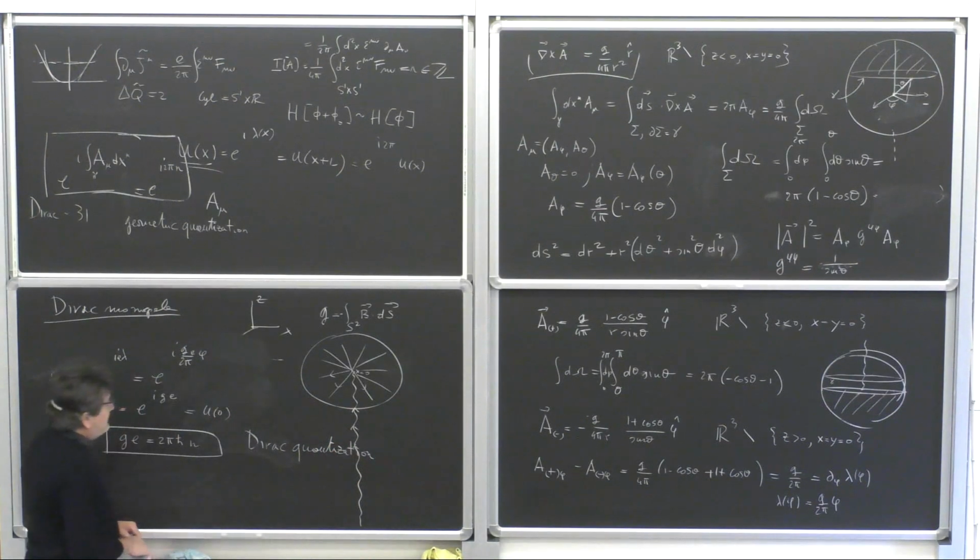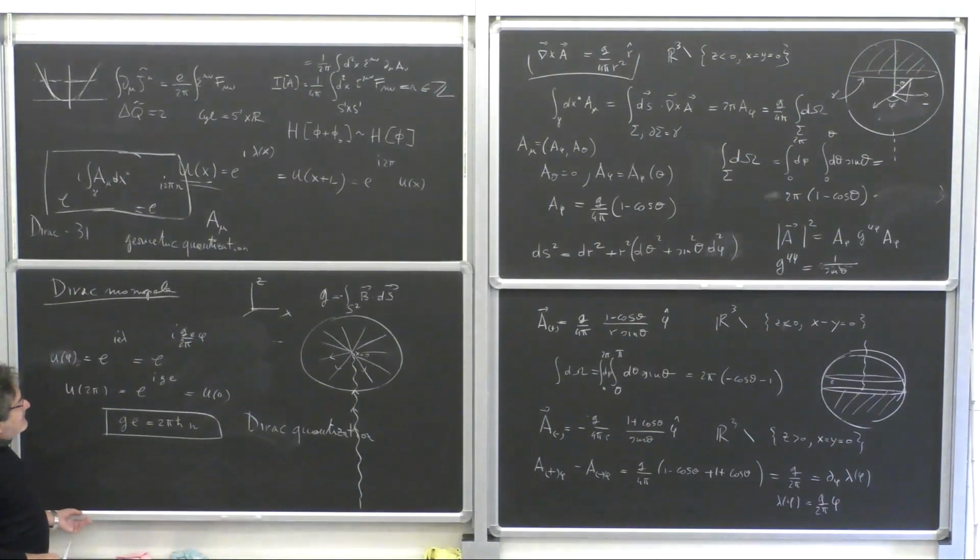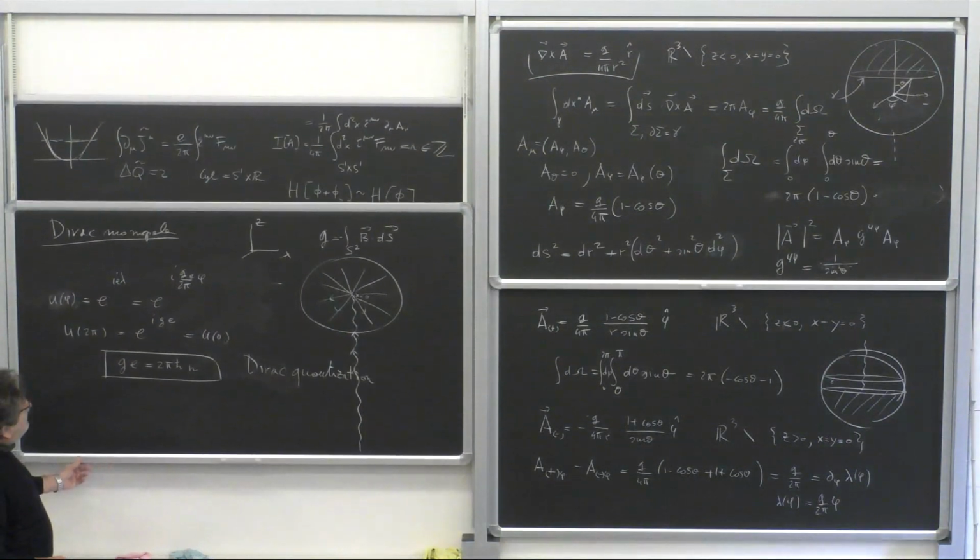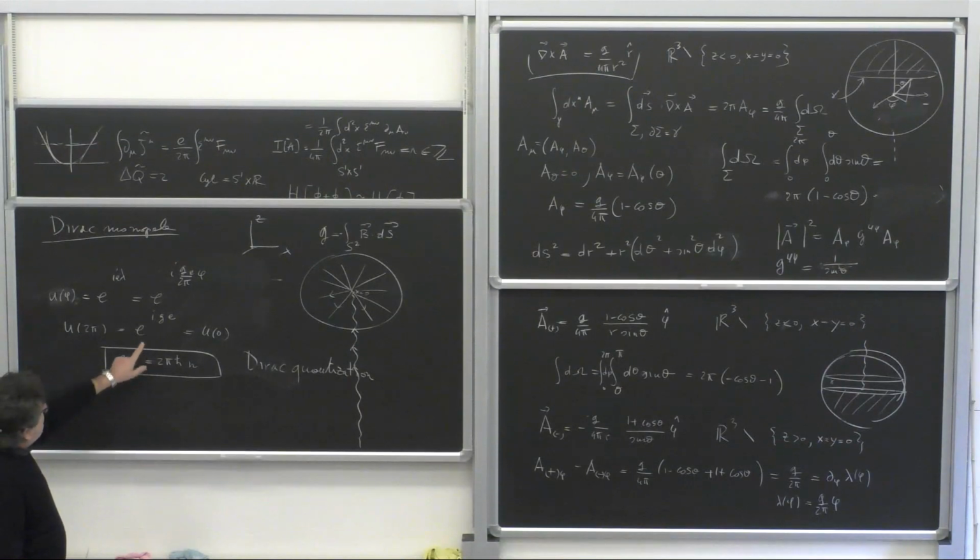So the conclusion is that the string is invisible if the gauge transformation is a proper gauge transformation, if the magnetic charge and the electric charge obey this quantization condition.